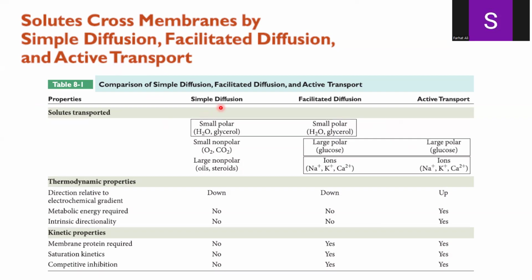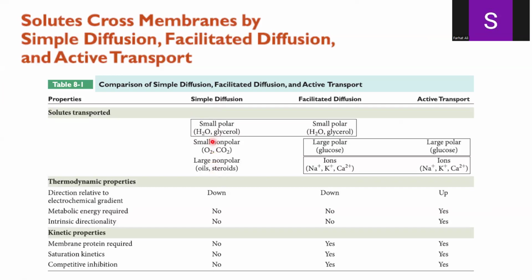So the region where the concentration of the molecules is high, they would start to diffuse to a region where their concentration is low. This process does not require any additional input of energy, and this is called simple diffusion. Typically, small molecules, non-polar molecules, can be transported through the process of simple diffusion.